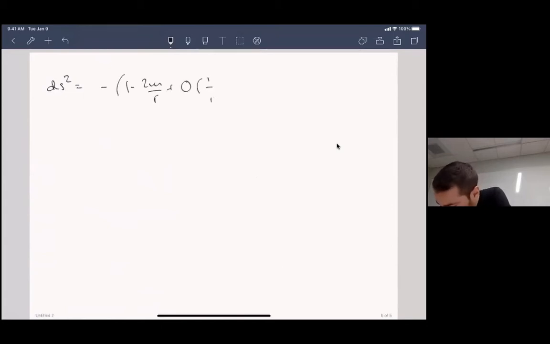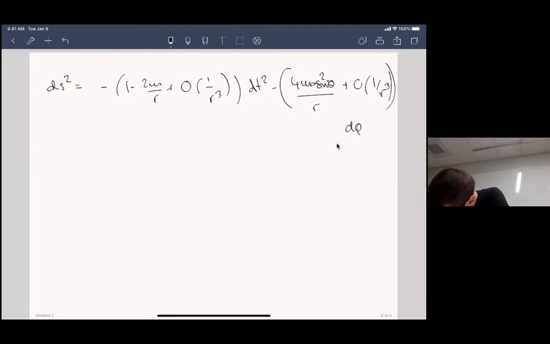So let me just write it out. The asymptotics looks like this. Right, you've got some cube dependence, and so of diagonal terms.